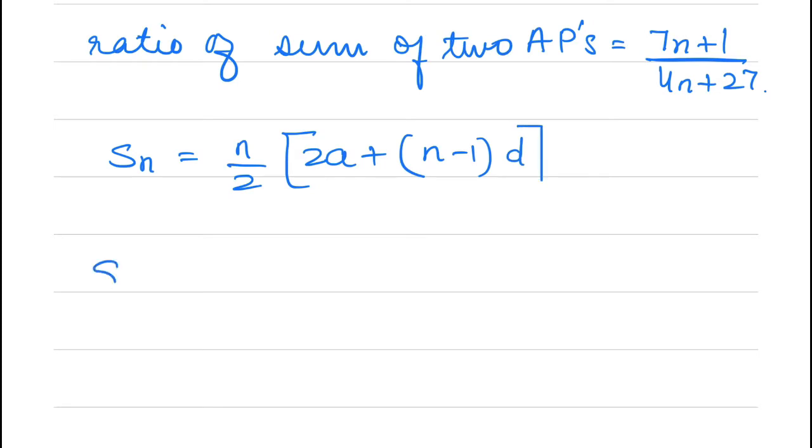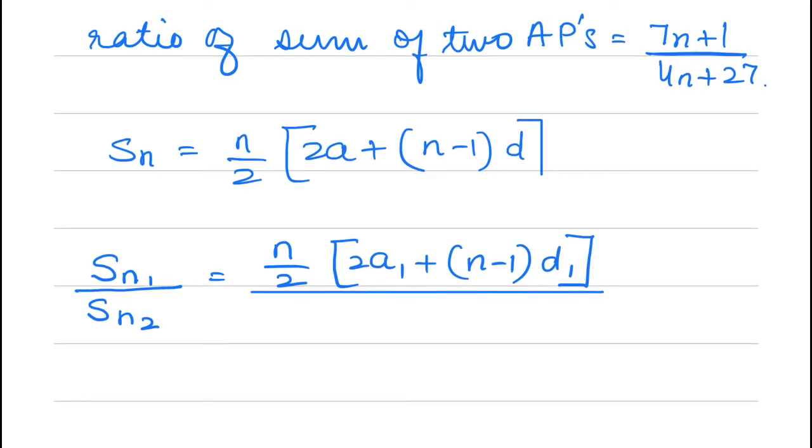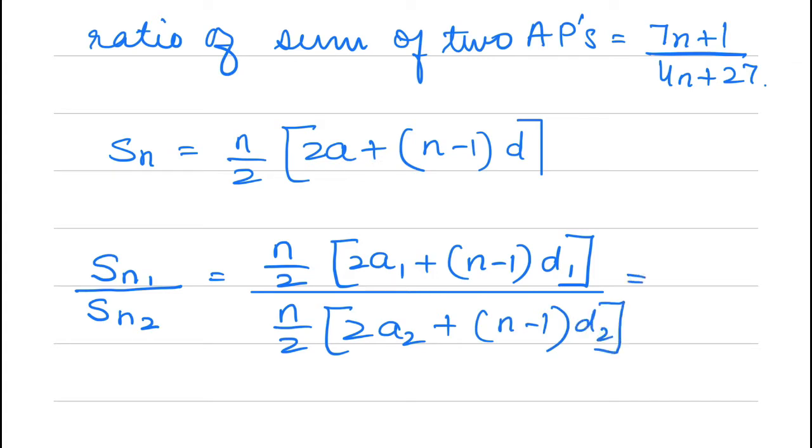So let's take sum of n terms of first AP by sum of n terms of second AP, is equal to n by 2 (n is same in both cases) into (2a1 plus (n minus 1) into common difference d1) divided by n by 2 into (twice a2 plus (n minus 1) into d2). This is given as 7n plus 1 divided by 4n plus 27.